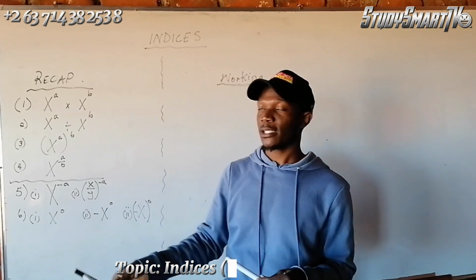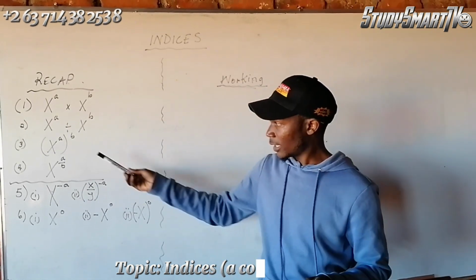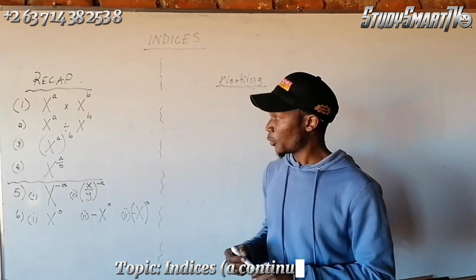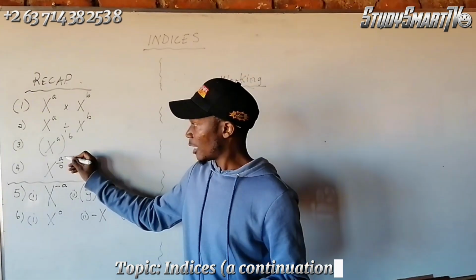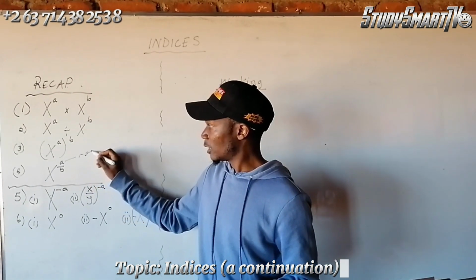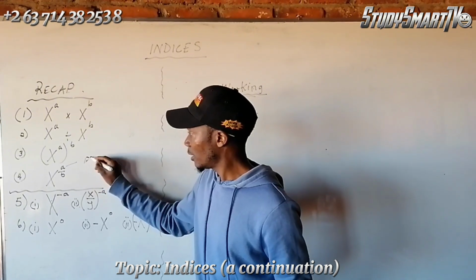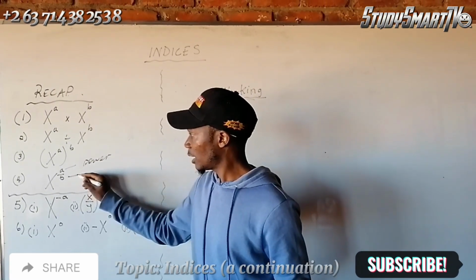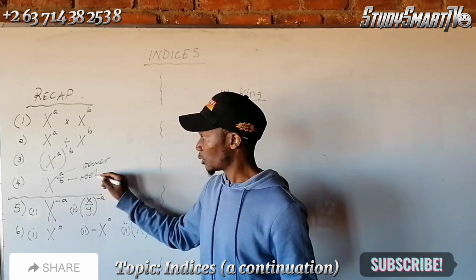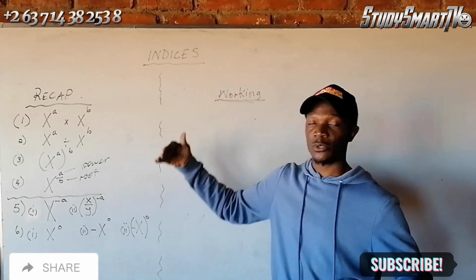We have to multiply with the power inside, and also we applied this law where we stated that this number on top is the power, and the number at the bottom is the root. So we are still continuing with our laws.